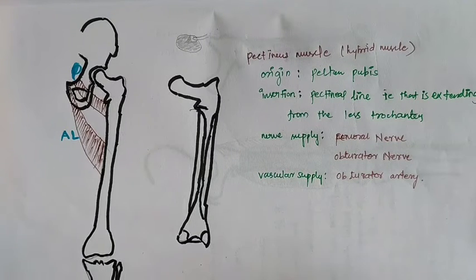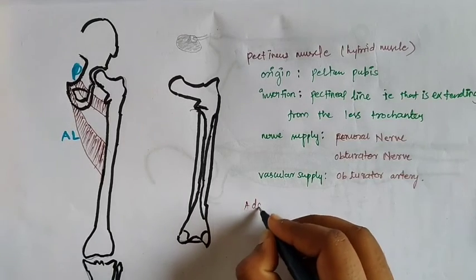And then the next muscle is adductor longus.